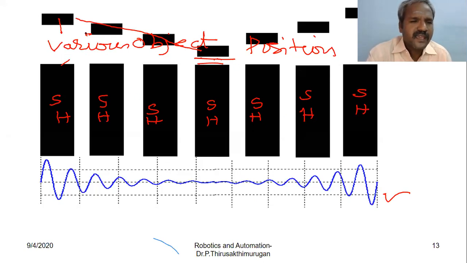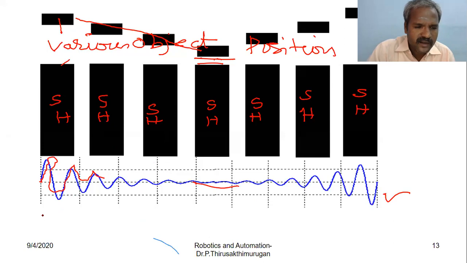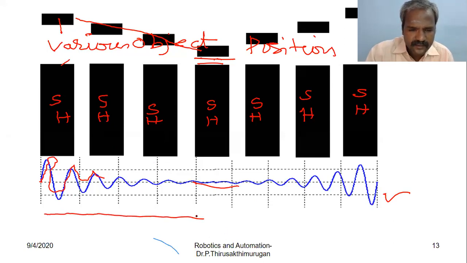Clear? So you see, when the object is away from the sensor head, more oscillations are generated. When metal objects are nearing the sensor head, the oscillation almost suppresses. So what is the demodulator output here? The demodulator converts the AC modulated signal into DC output.